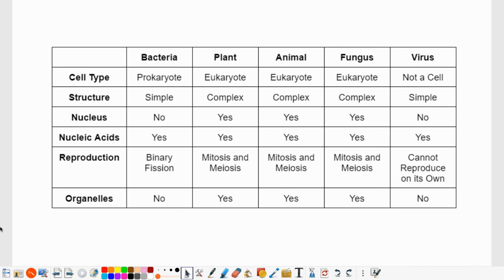We could add a seventh row to this if we wanted to, and talk about energy consumption. Bacteria, plants, animals, and fungal cells all consume energy. Plants, animals, and fungal cells all have mitochondria, which they can get their energy that they need to survive. Bacteria do consume energy, but they have to get it directly from their environment.